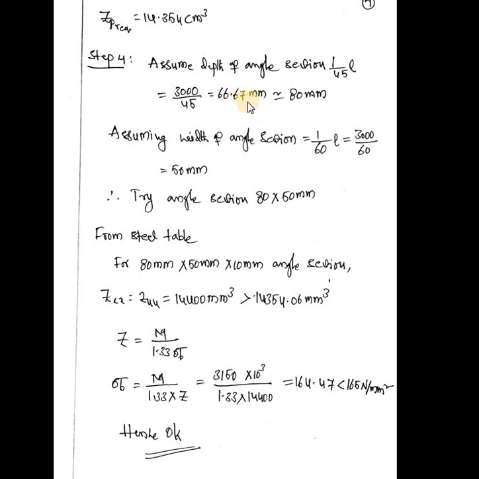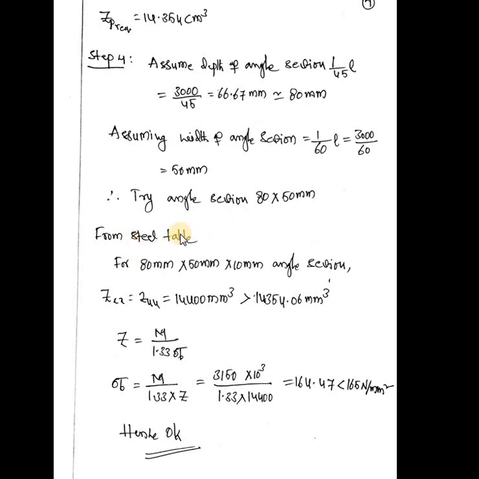Required is 66.67 mm, so I am taking 80 mm. Now the width of the angle section, L by 60, is equal to 50 mm. Therefore, the angle section has 80 mm depth and 50 mm width.